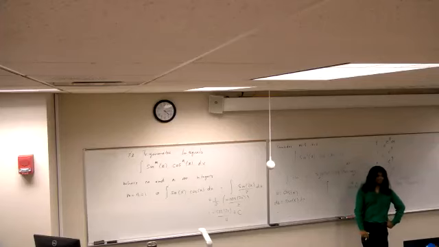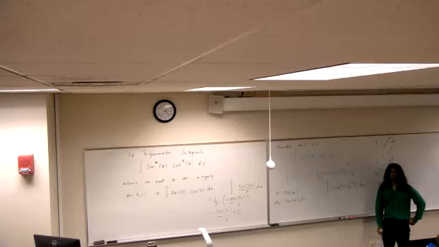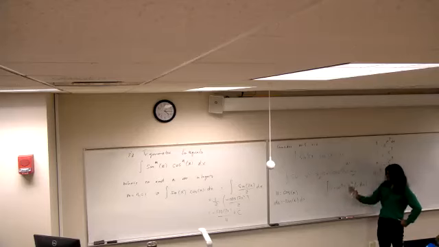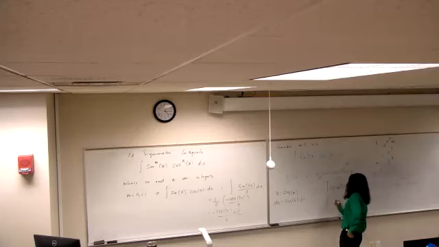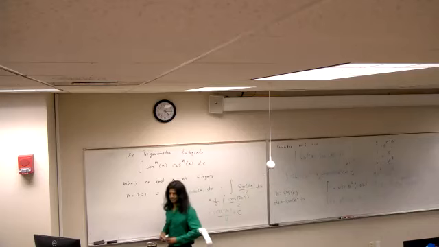Since sine squared x plus cosine squared x equals 1, I can rewrite sine squared x as 1 minus cosine squared x. Then that integral would simply be 1 minus u squared times u squared du with a negative out in front. Good?